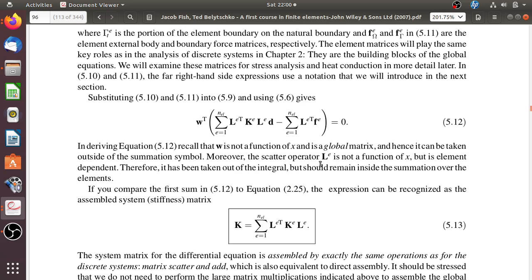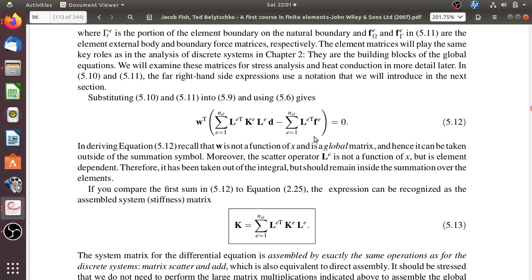Before writing that, we are going to call this first term, except this D, the global degrees of freedom, a matrix, and we are going to call that matrix the global stiffness matrix. The KE is a local stiffness matrix; this entire thing is the global stiffness matrix, which is represented in this manner.